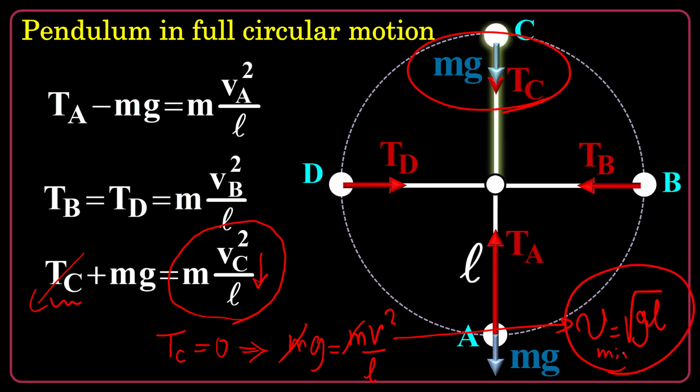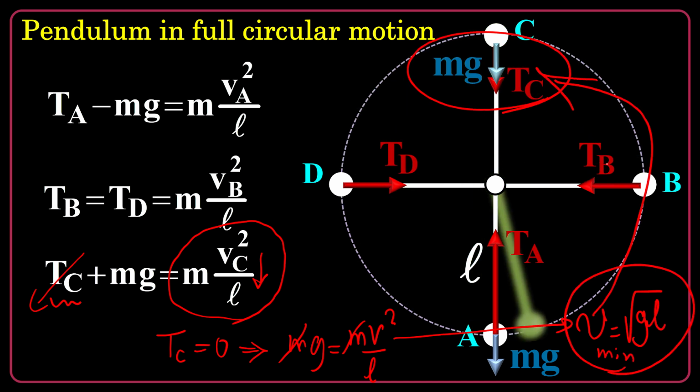This is the minimum speed at the top point to keep the rope stretched. Otherwise, if it's slower than that, the weight of the bob will crumple the string and it's not going to have a complete circular path.